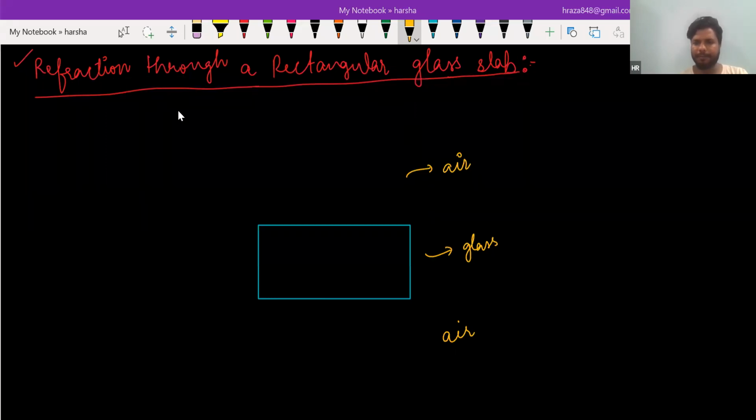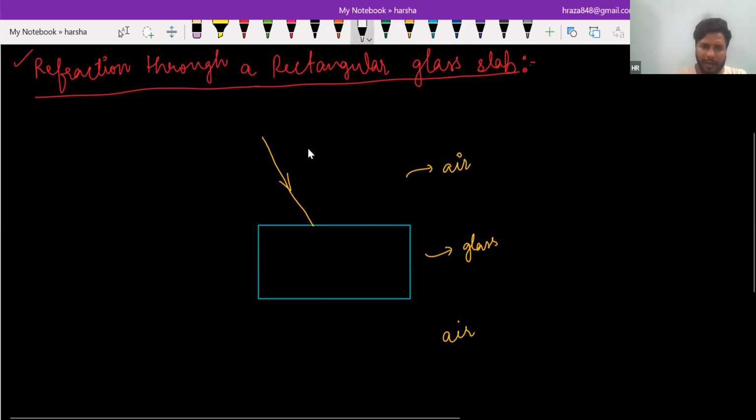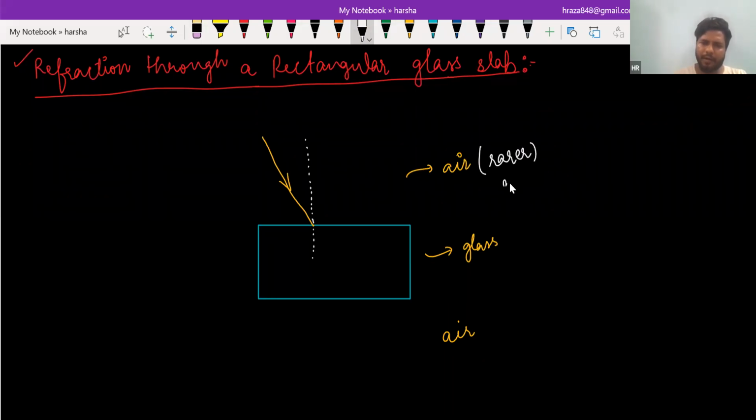Abdullah, Hamna. See, when a light is incident on the surface of the glass slab, we will have a normal like this. See, air is a rarer medium, and glass is a denser medium.